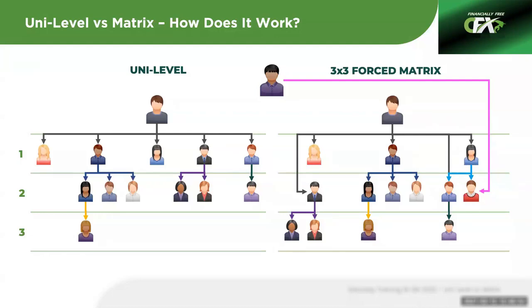I've got people in my matrix that are not showing up in my Unilevel tree because they're not anywhere in my team, but they're in my matrix because somebody above me, maybe Richard or James or somebody, introduced that person, and the matrix decided that they should go into my matrix under somebody else. So the benefit of that is that when this person withdraws money, this person's going to get paid and you're going to get paid.